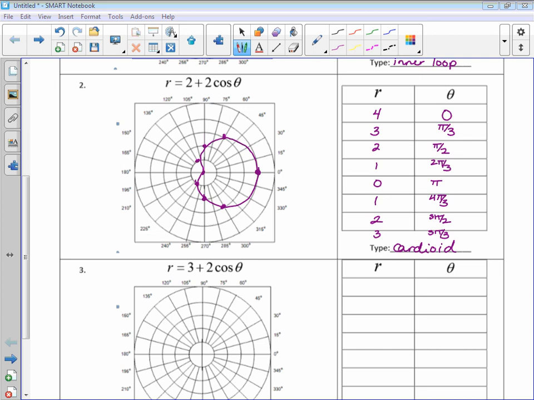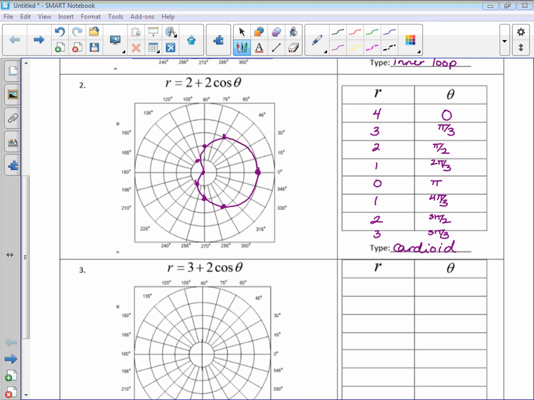Cardioid. Cardioid. Yeah, it should have the I, so add the I on the next page. Okay, good. All right, questions on the cardioid.